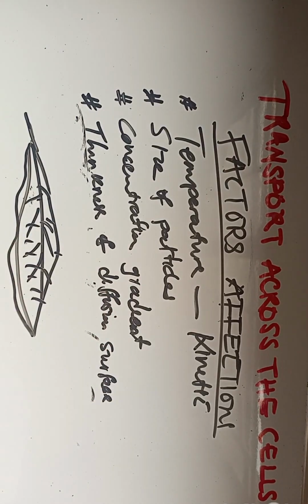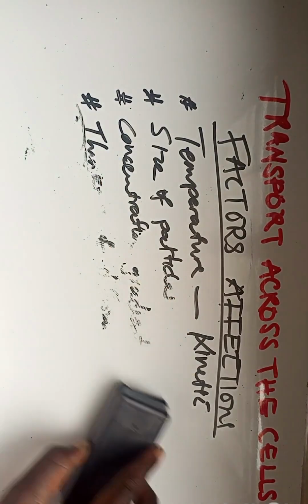As a result, the diffusion rate will be low. So the thicker, the larger the surface area, the higher the diffusion rate. So learners, this is where we see that diffusion is very, very important. Those are the factors which affect the rate of diffusion.